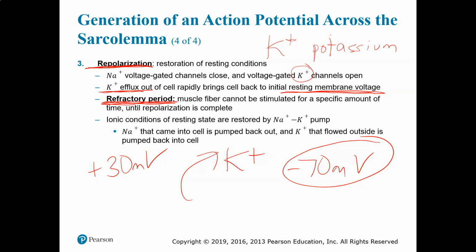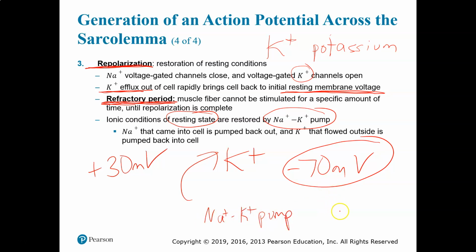And the resting membrane potential is restored and maintained by the sodium-potassium pump. And that sodium-potassium pump, just to remind you, pumps out, let's write this, sodium potassium pump.